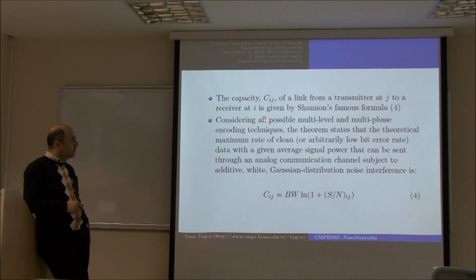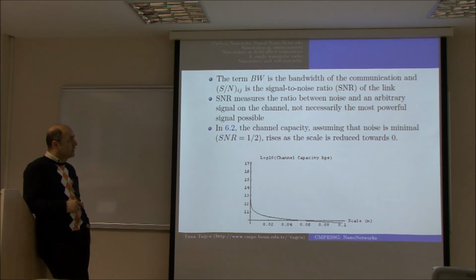And when you consider all possible multi-level and multi-phase decoding techniques, Shannon says the theoretical maximum rate of clean or close to clean data, that means with low noise, with a given average signal power that can be sent through an analog communication channel subject to additive white Gaussian noise, is defined as bandwidth times ln of 1 plus SNR of that link between I and J. So the term bandwidth is the bandwidth of communication, which determines actually the capacity.